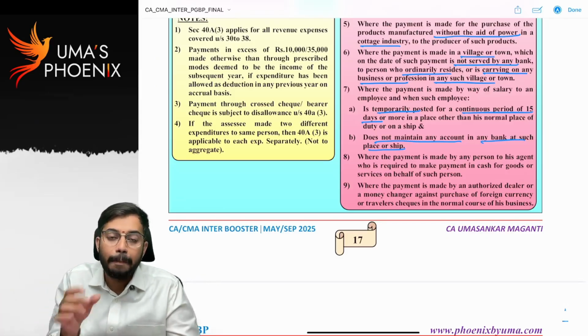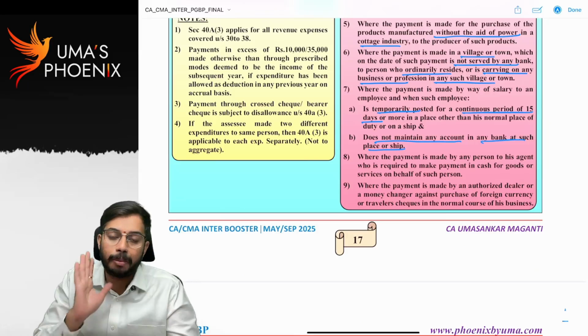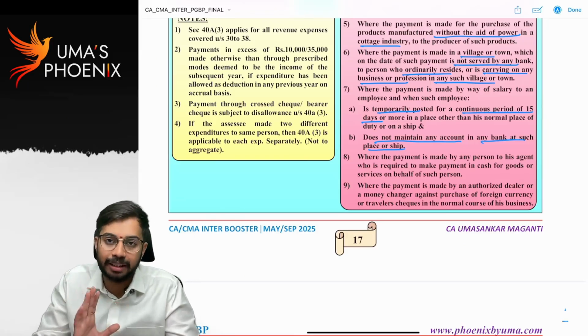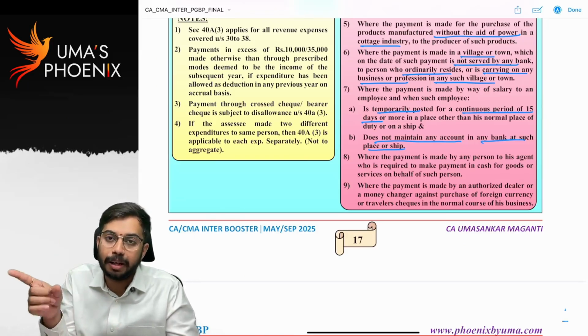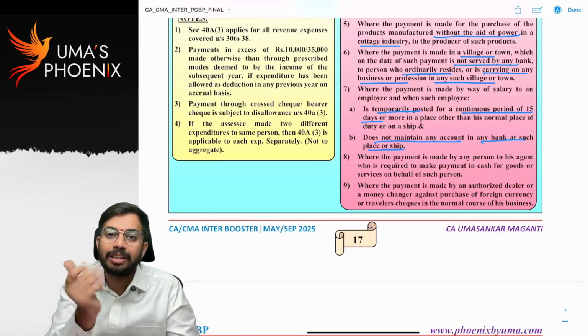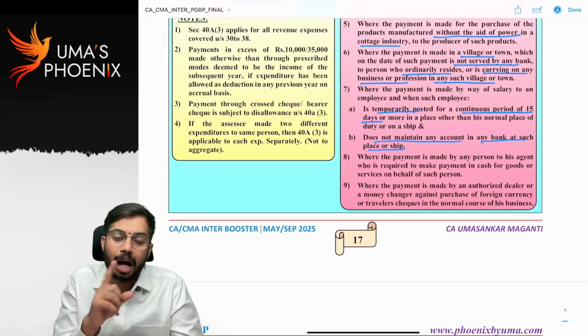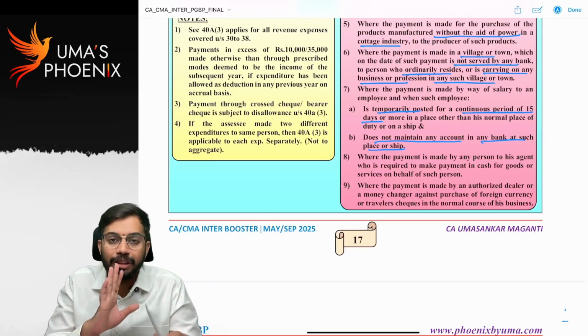The reason is payment is given to an employee who is posted in another place other than his normal place. His normal place is Delhi, for example, but he is posted in West Bengal for more than 15 days. And in Sundarban forest, he does not have a bank account. So even though the 2 lakh rupees cash is given by Dabur Limited to such employee, that is not disallowed, it is allowed as deduction.